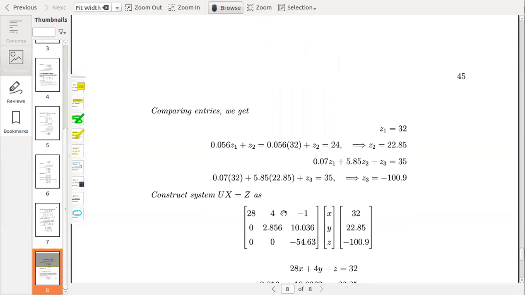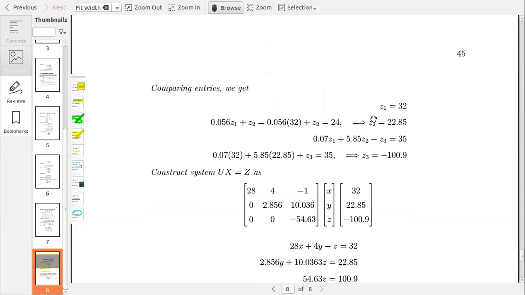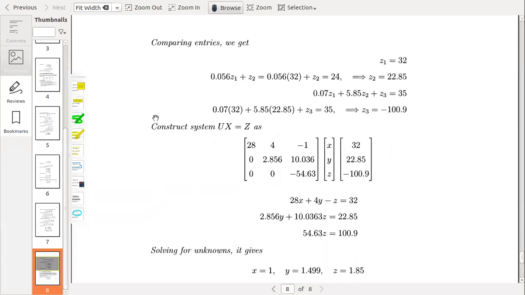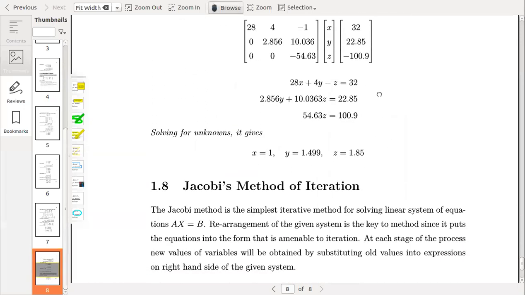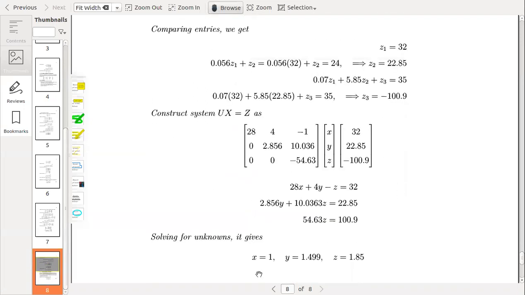Here Z1 is equal to 32, Z2 is equal to 28.85, and Z3 is equal to minus 100.9. Then by constructing the system UX equal to Z, we have this system, and multiplying these two matrices we get three equations. Solving these three equations, we get x equal to 1, y equal to 1.499, and z equal to 1.85.